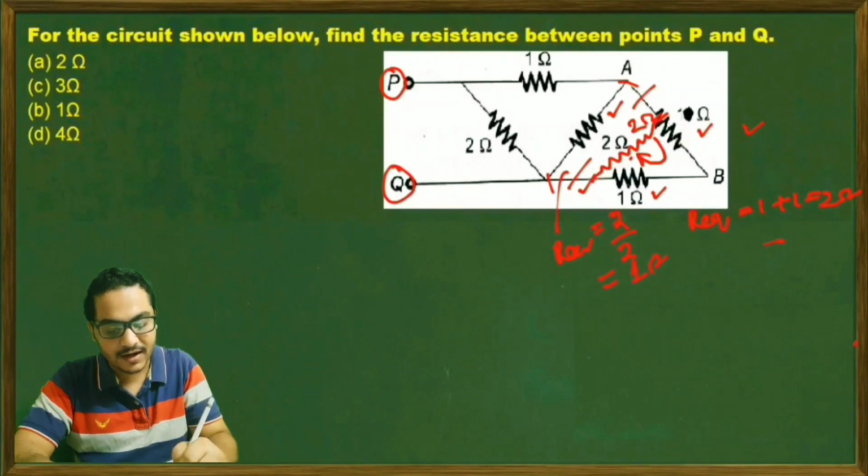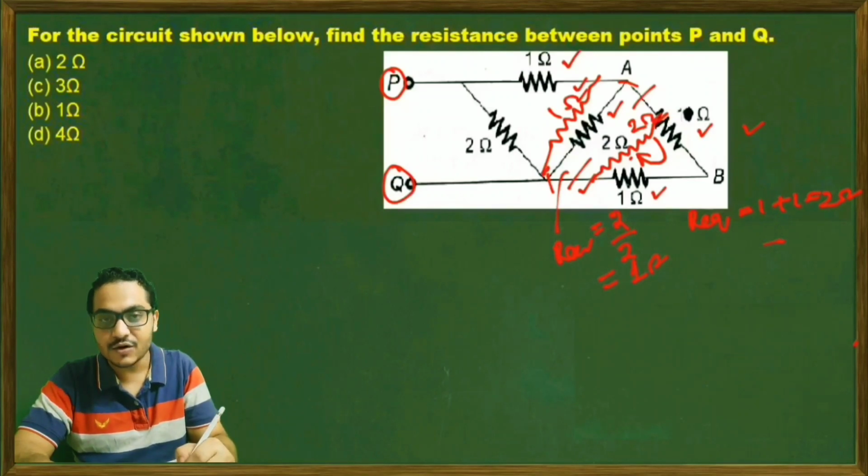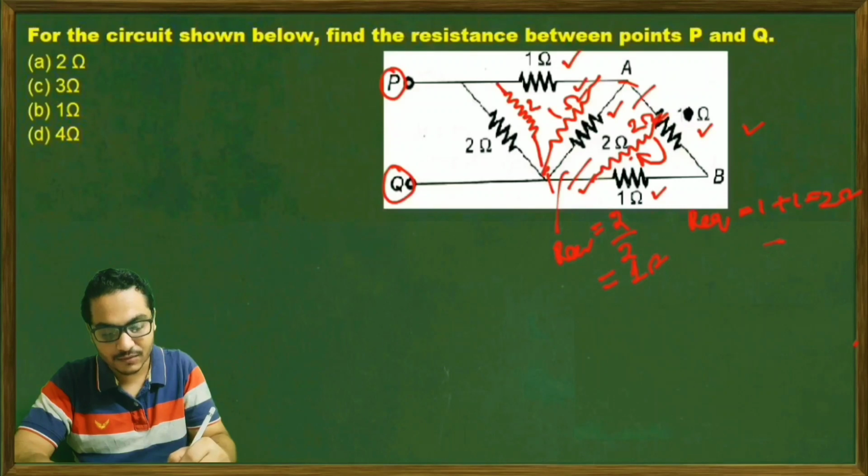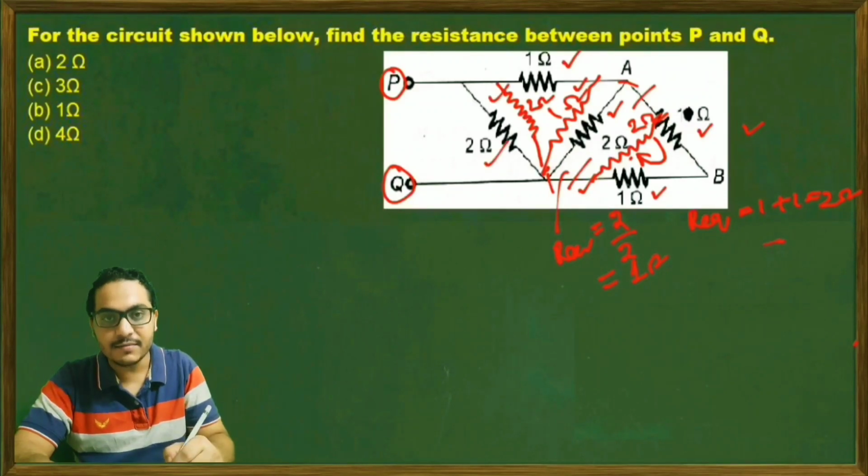So their equivalent resistance can be represented like this, that is your 1 ohm. Now this 1 ohm and this 1 ohm are connected in series. So their equivalent resistance is 2 ohm. So this 2 ohm can be connected like this, that is 2 ohm. Now this 2 ohm and this 2 ohm are connected in parallel.